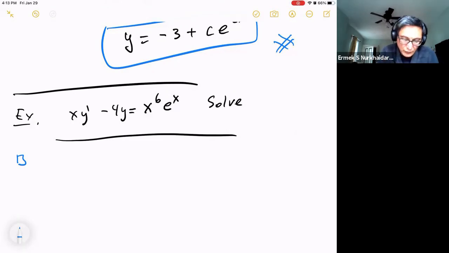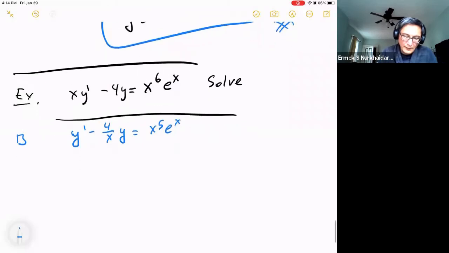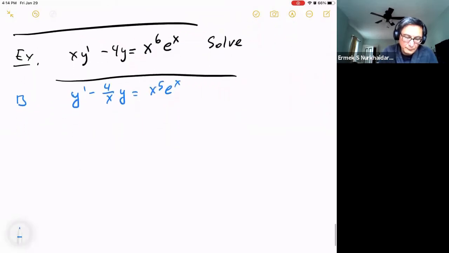So here, don't forget to do the preliminary step. Then find the integral factor, which is e to f of x.